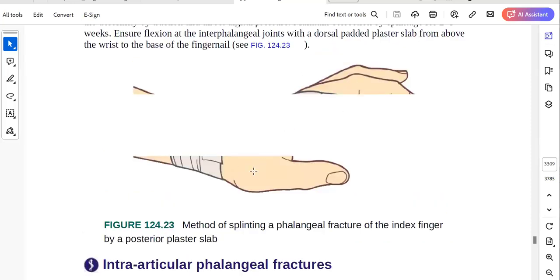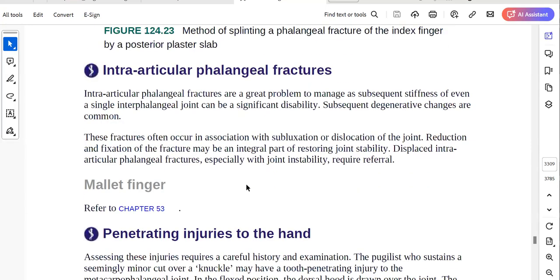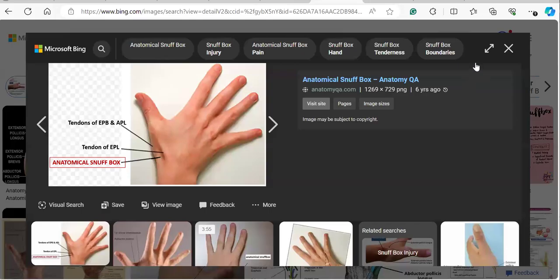If you're looking at the picture, you would know what they're talking about. Basically most metacarpal fractures will need a reduction, and then you'll need to put the patient on a posterior plaster slab. That's important to remember because a lot of people think that just because it's a metacarpal fracture, you just put the patient in a sling, but that's not the case.